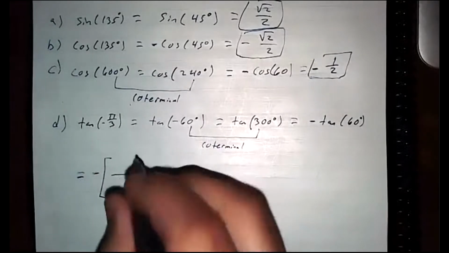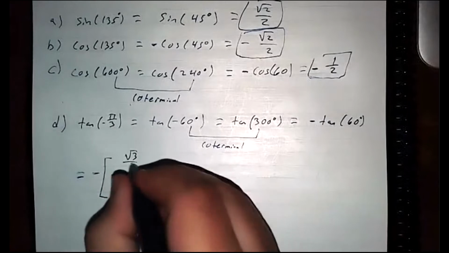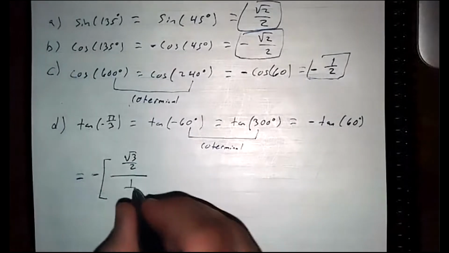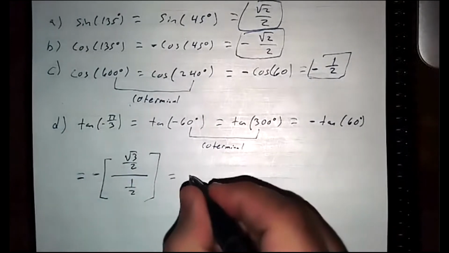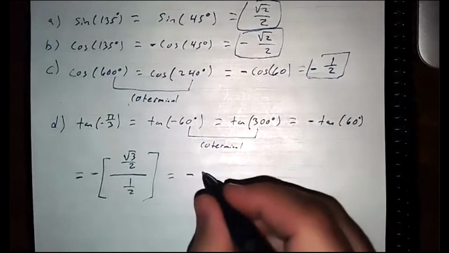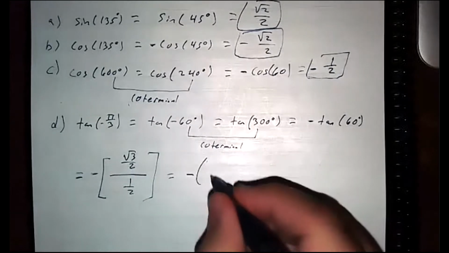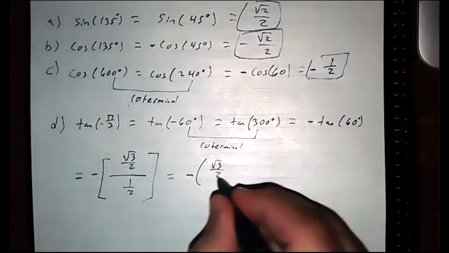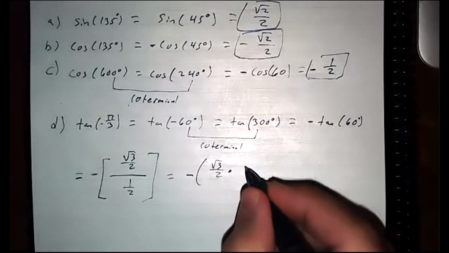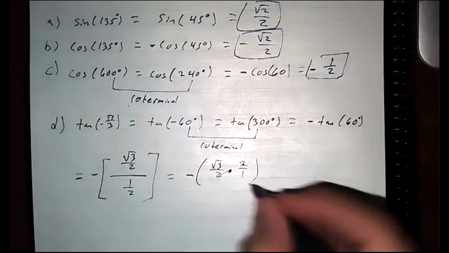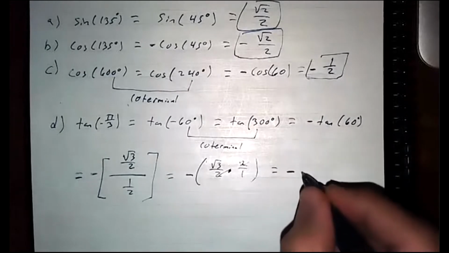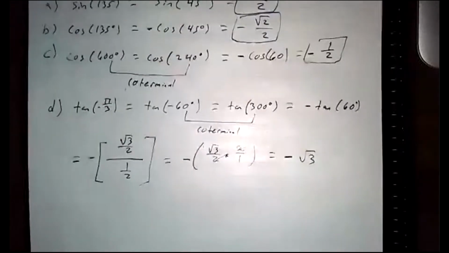Divide the y, square root 3 over 2, divided by the x. When you divide these, you divide fractions by multiplying by the reciprocal, right? So the answer would be negative root 3 for tangent.